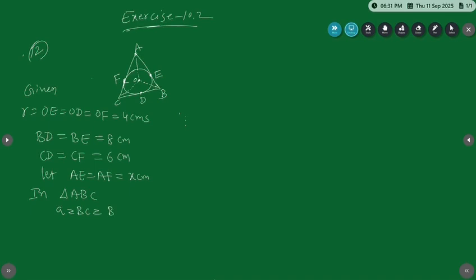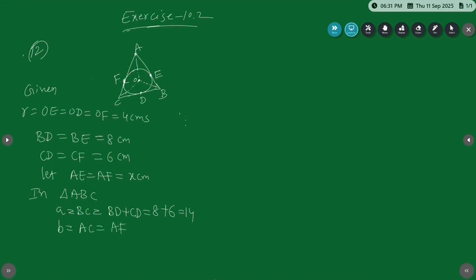BC I write as BD plus CD, that is 8 plus 6, so we get 14 centimeters. Small b is the side opposite angle B, that means AC.